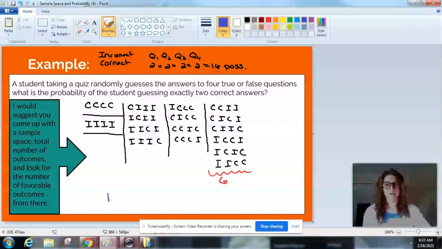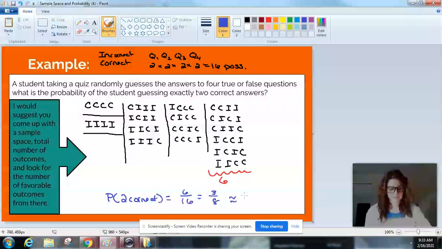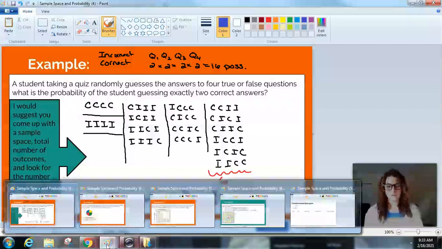So my probability of getting 2 correct is 6 out of 16. Now you can leave it like that with probability. You can reduce it if you wanted to, right? So 6/16 would be 3/8. You could even make it a percentage, which is 37.5%. Nice thing with probability, you could do it in any format you want to.